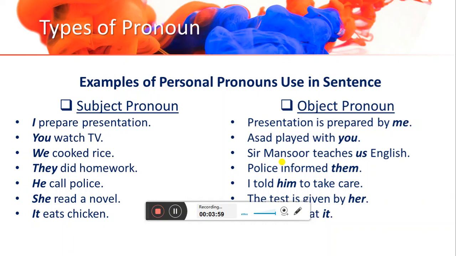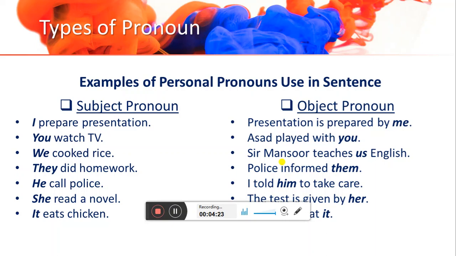I, you, we, they, he, she, and it: these pronouns in these sentences are used in the place of subject, so we call them subject pronouns. Object pronoun. Presentation is prepared by me. It played with you. I told him to take care.